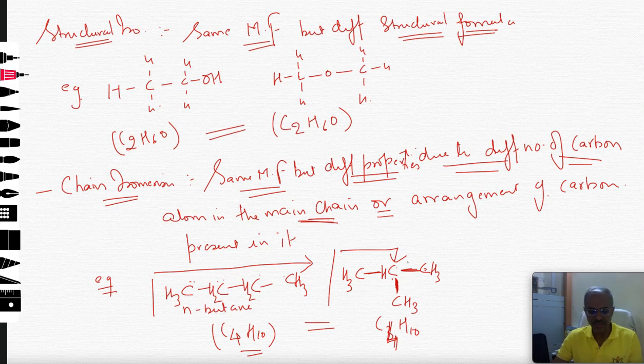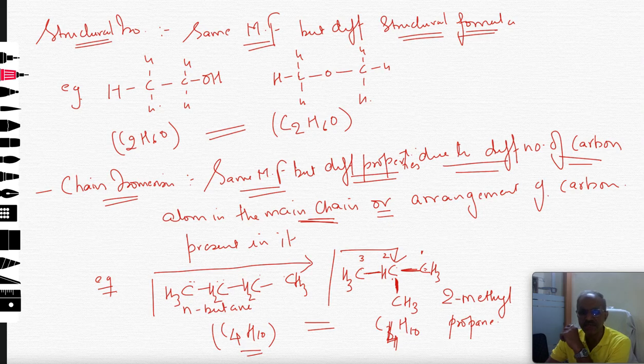This is n-butane, or you can say 2-methyl propane. As you know from the previous lecture, whenever a methyl group is attached to a second carbon atom, it is known as isopropane also, you can say.